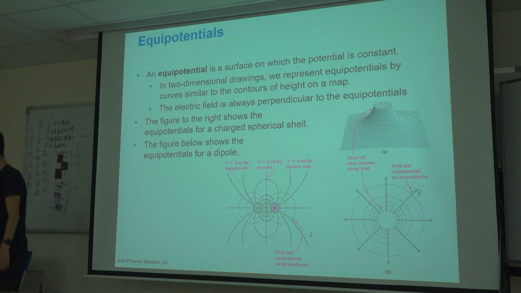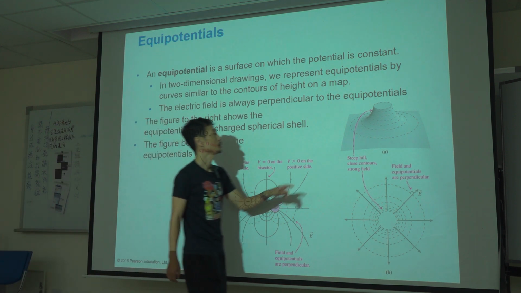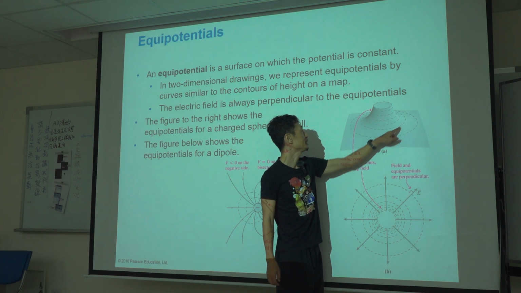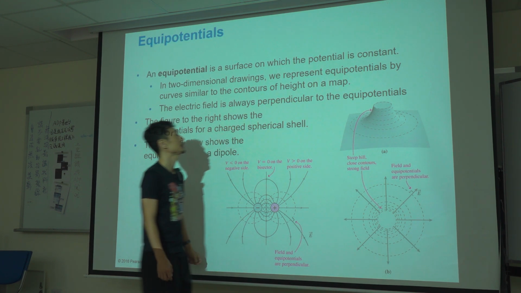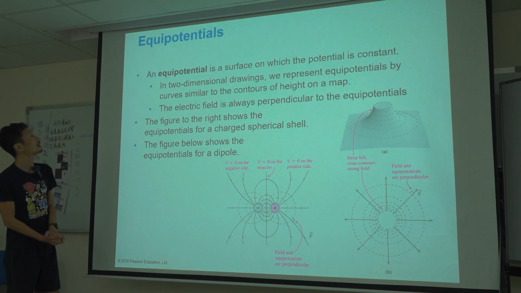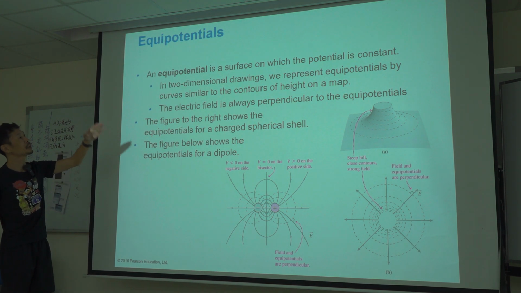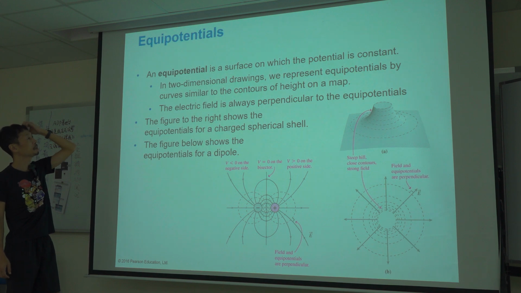Okay, maybe I should have mentioned that here. Equipotential is the surface on which potential is constant. So something like this. This dotted line is where the potential is the same, or the height is the same. Then this is an equipotential line. In a two-dimensional drawing, we represent equipotentials by curves similar to contours.